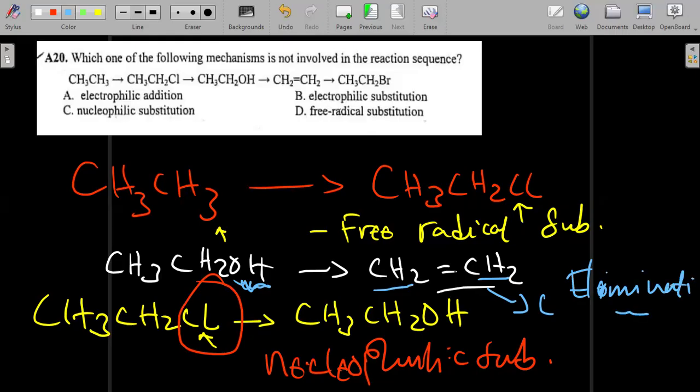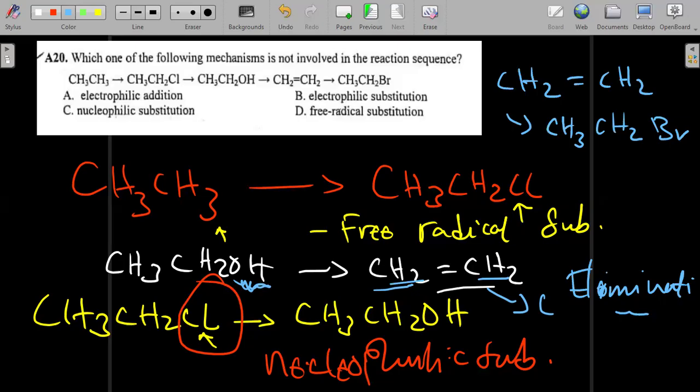And then the last one is this ethene. Okay, I'll write it here. This ethene here changes to CH3CH2, and then I have bromine. So what has happened there?